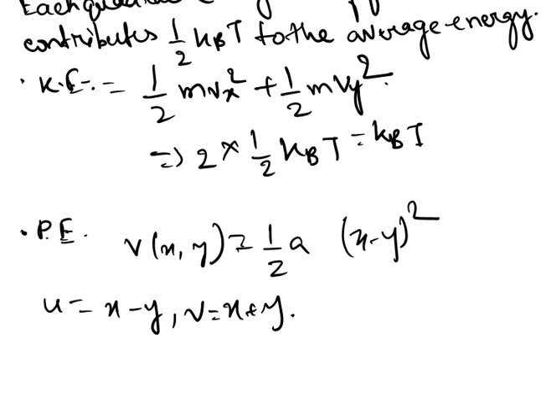Then the potential is half a u squared. So only one quadratic term contributes to the potential energy, so its energy will be half kBT.